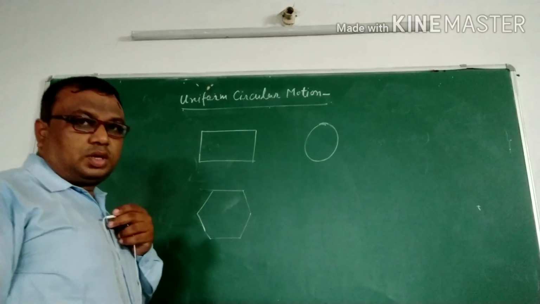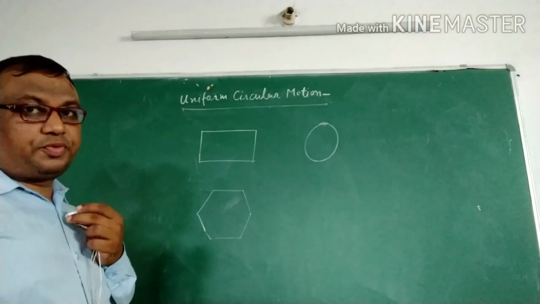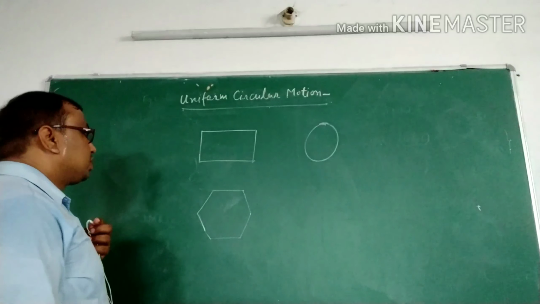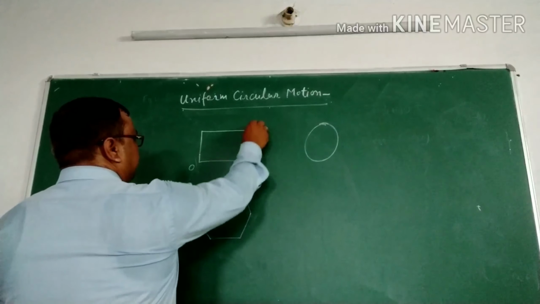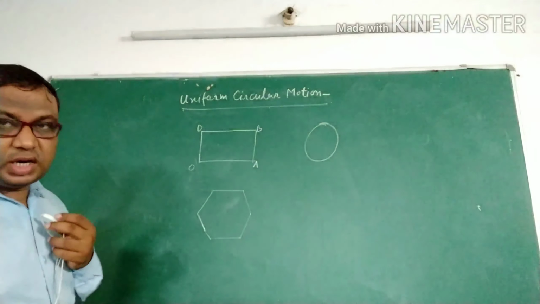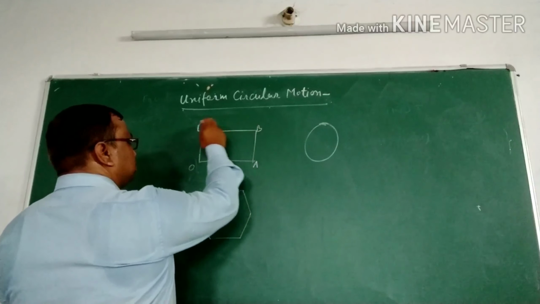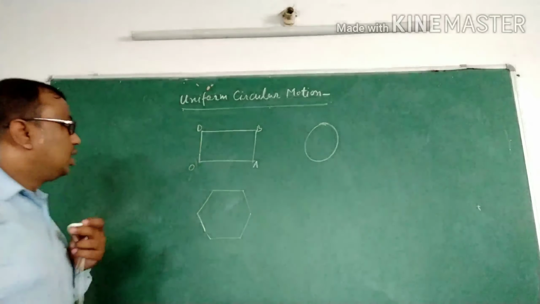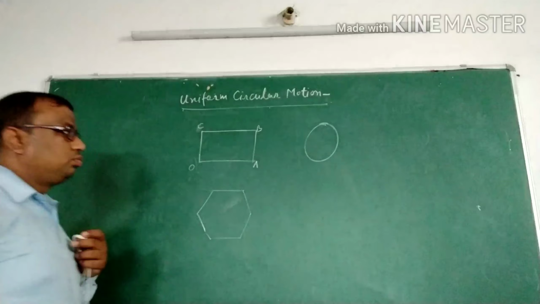Okay. Now we will discuss the new topic of uniform circular motion. If a man starts his journey from O to A, A to B, B to C, and C to O. Clear?